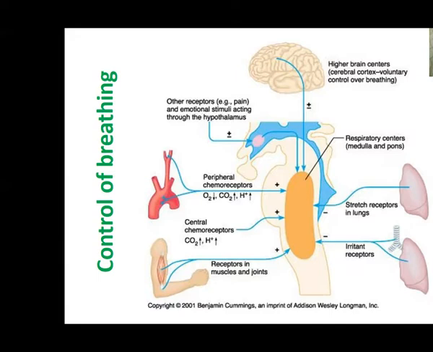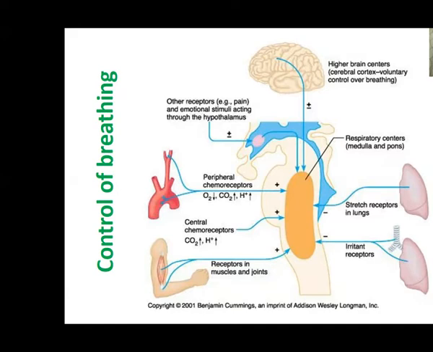This is very sensitive to changes in carbon dioxide or pH level. So any condition which causes acidosis, or an increase in H ion in the body, the respiratory centers stimulate, so that more carbon dioxide is eliminated from the body to cause buffering of that.